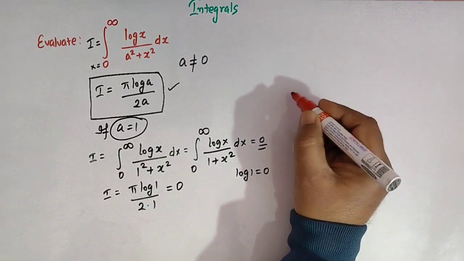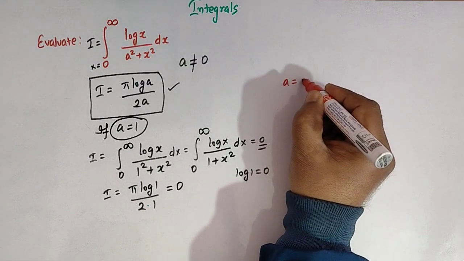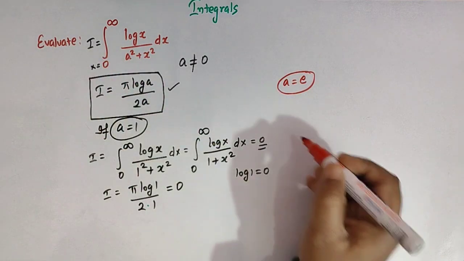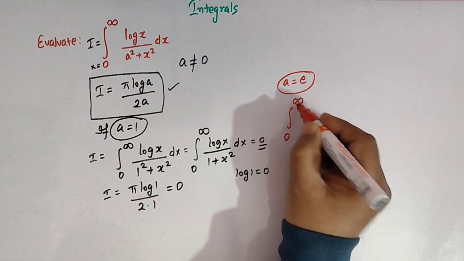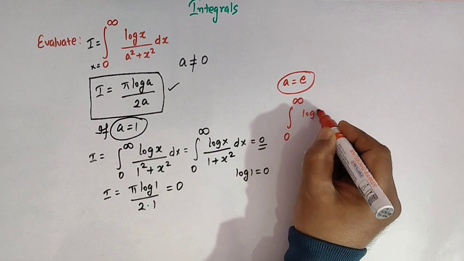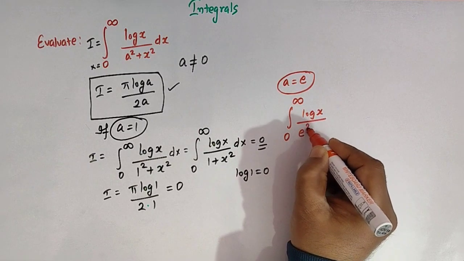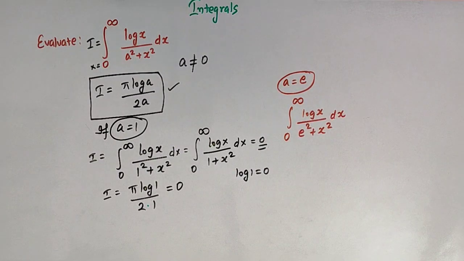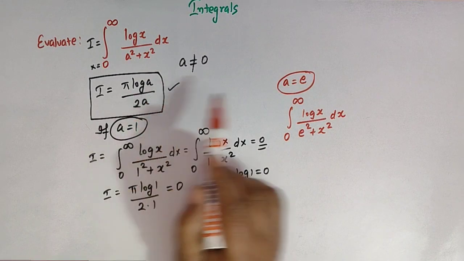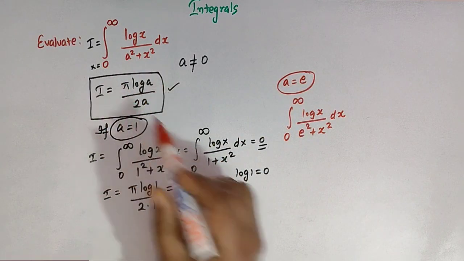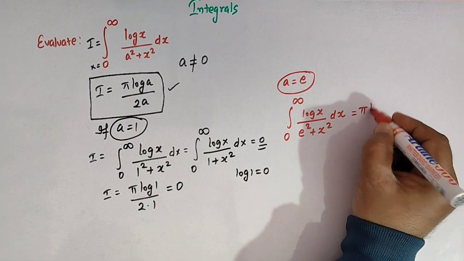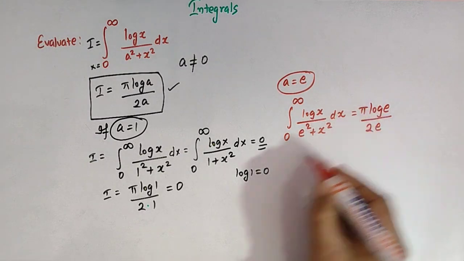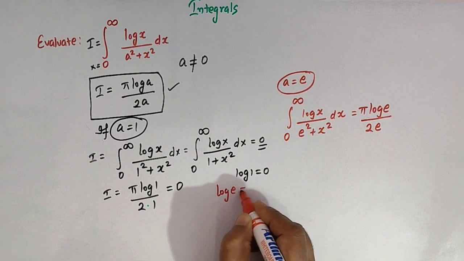The third one is that if we take a is equal to e, where e is the exponential number, this integral becomes the integral from 0 to infinity of log of x divided by e square plus x square dx, right? And if we take a is equal to e in this result, then we have pi log e divided by 2e, and we know that log of e is 1.